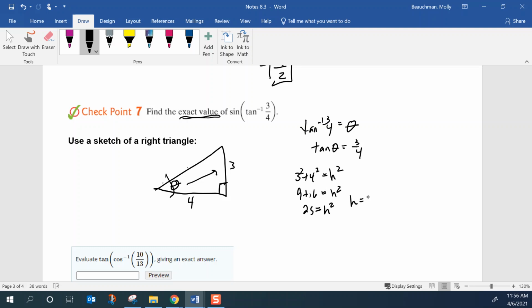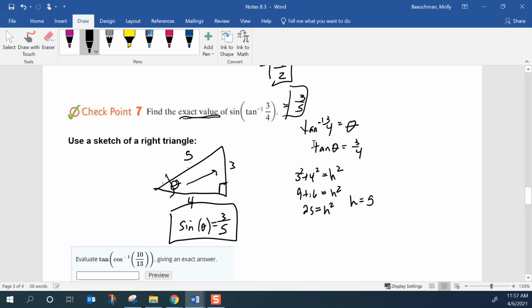So the hypotenuse is going to have a measure of 5. So in our triangle 3, 4, 5, what is the sine of the angle? The sine is going to be opposite over hypotenuse, so the sine will end up being 3/5. Okay, so we're finding the sine of whatever that angle is. So we're using right triangle trigonometry in the composition.